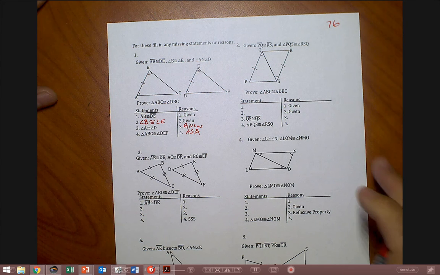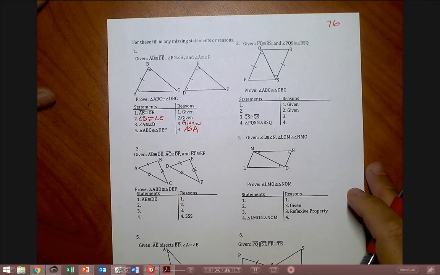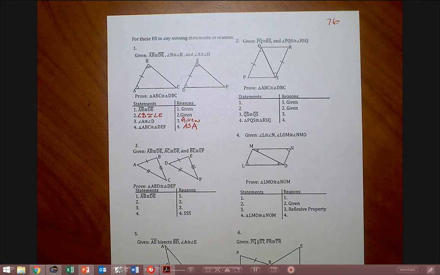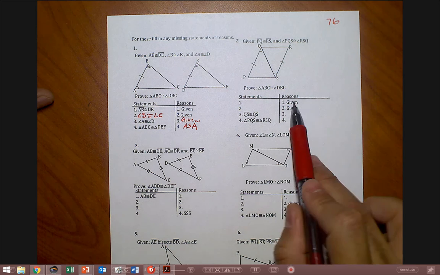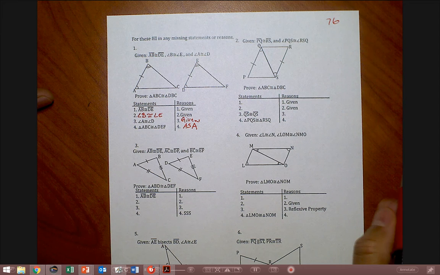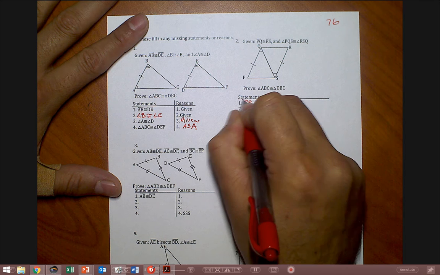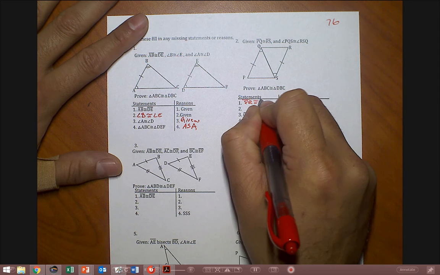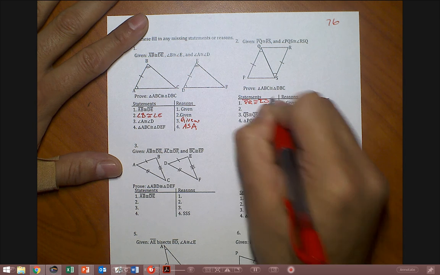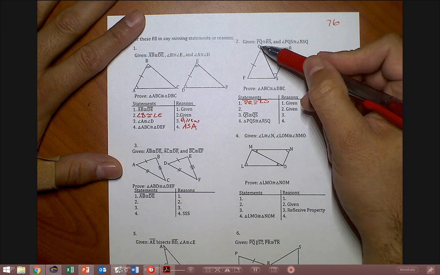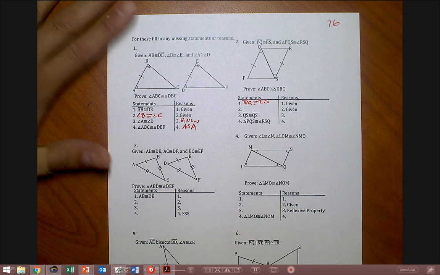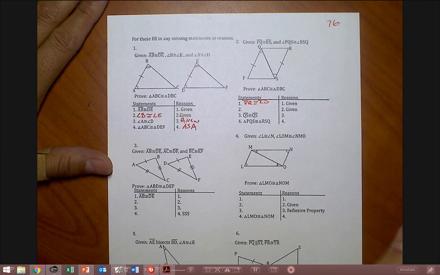Number 2. Statement 1. What's statement 1 going to be? I have it as given, but what's the statement 1? Very good. P, Q, congruent to R, S. So PQ, congruent to RS, that's already marked. Okay, what is statement 2 going to be?